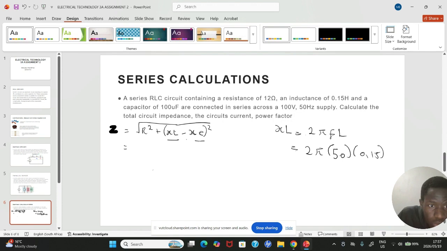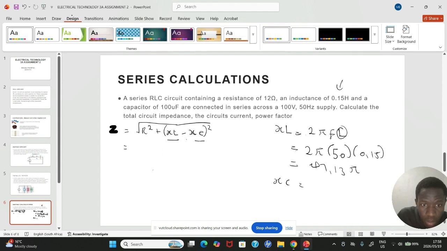This matches with this one here. Then this equals 47.13 ohms.